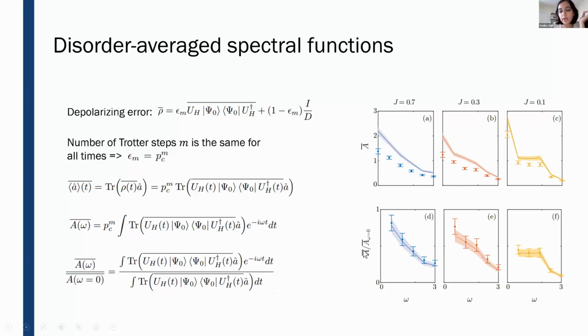And if you divide the spectrum by its value at 0 frequency, you can basically get rid of all of the error. Right. So in this case, we divided both the theoretical and the experimental spectrum by their respective values at 0 frequency. And now you can see that the experimental results lie all within error bars on top of the theoretical result.